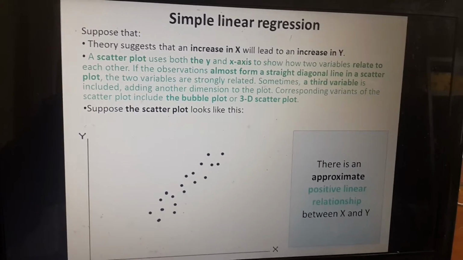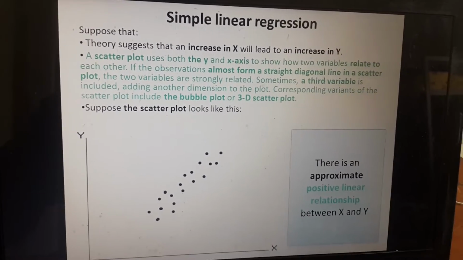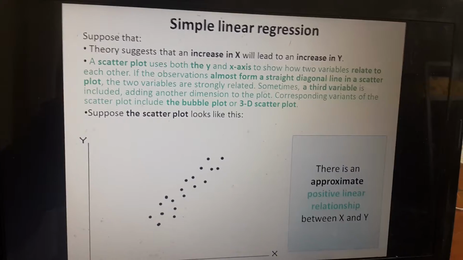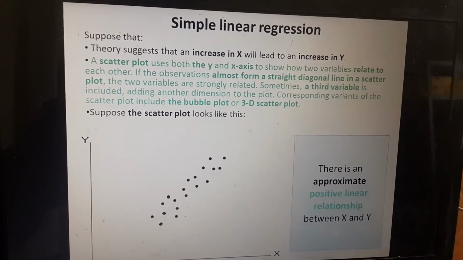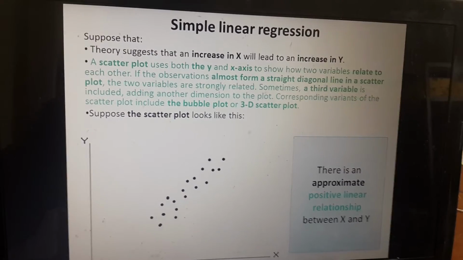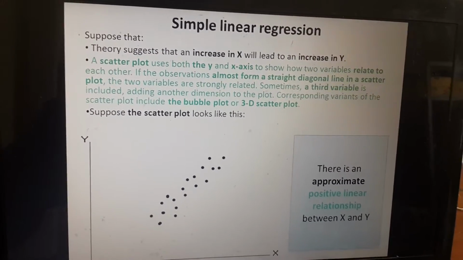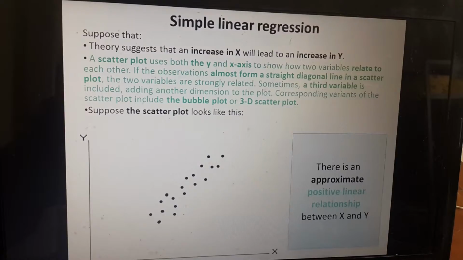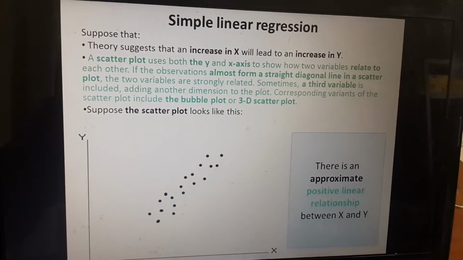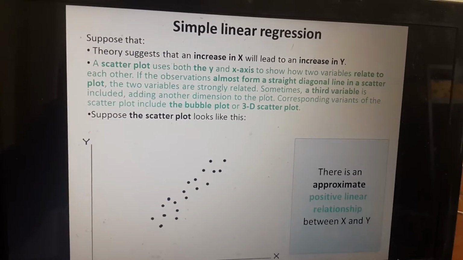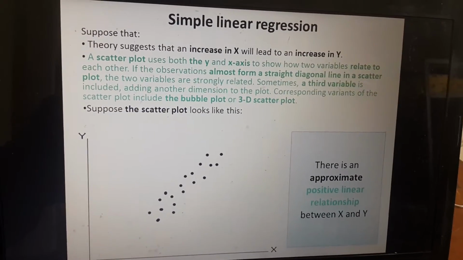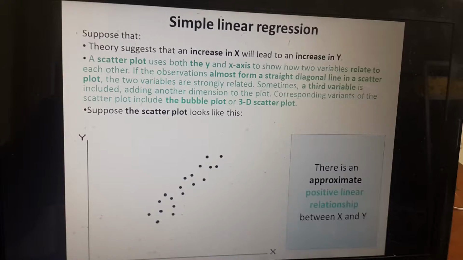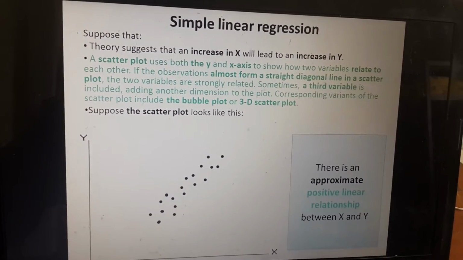Scatter plots use both the y and x axes to show how two variables relate to each other. If the variables almost form a straight diagonal line in a scatter plot, the two variables are strongly related. Sometimes a third variable is included, adding another dimension to the plot. The corresponding variants of the scatter plot include a bubble plot or 3D scatter plot.